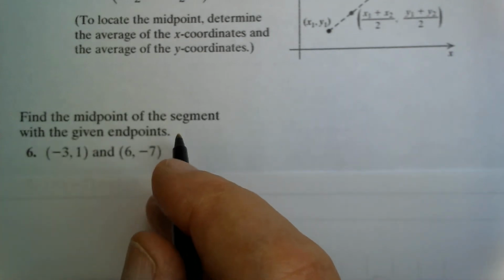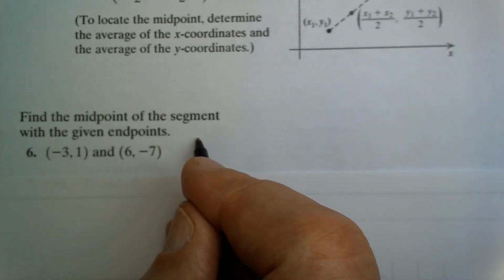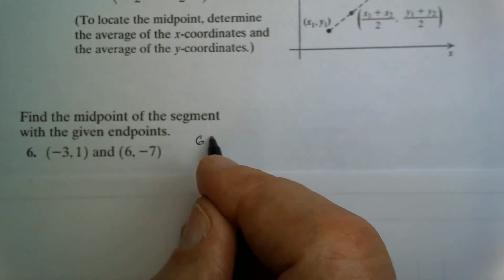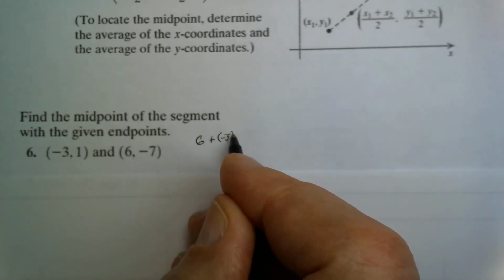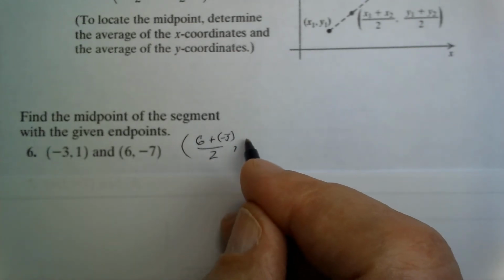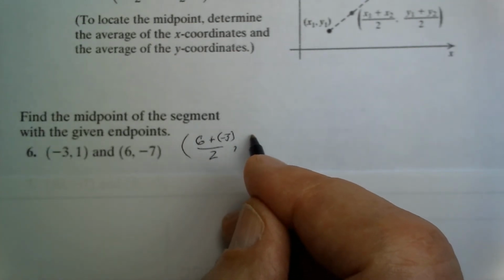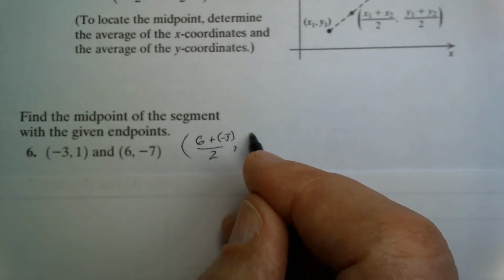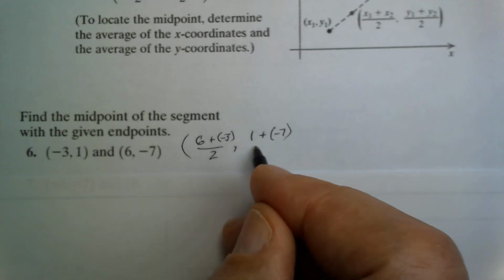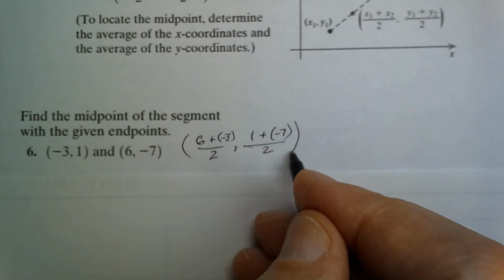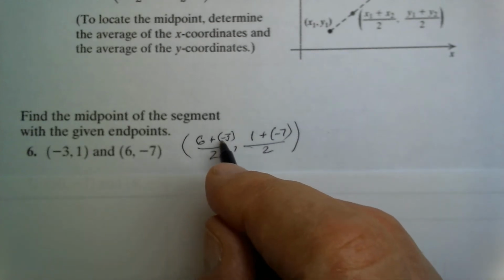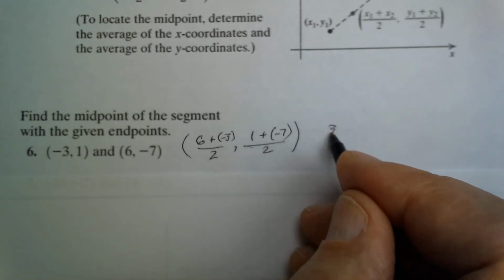So using the above formula, there would be 6 plus negative 3 divided by 2, comma, and 1 plus negative 7 divided by 2, or 6 minus 3 is 3 divided by 2 is 3/2.